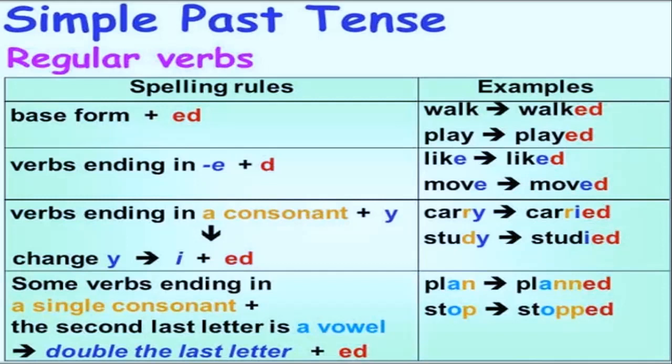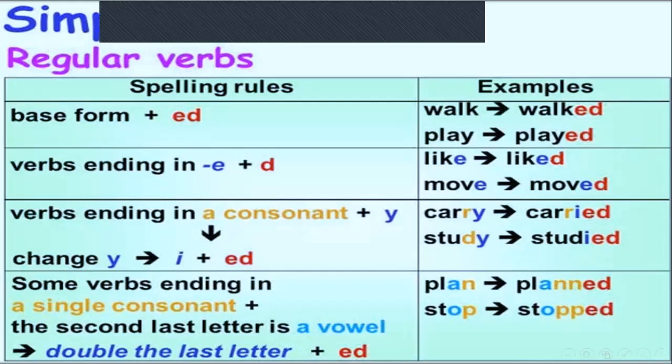If the verb here ends in consonant plus Y, look at this verb: carry. This verb ends with what? Letter R here is consonant or vowel? Excellent, consonant.